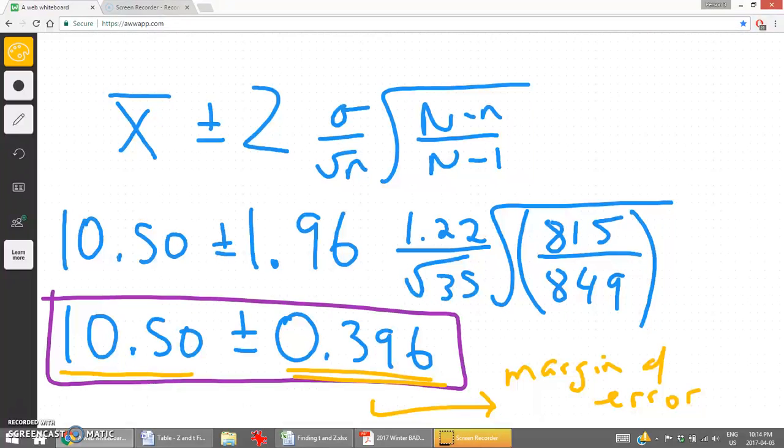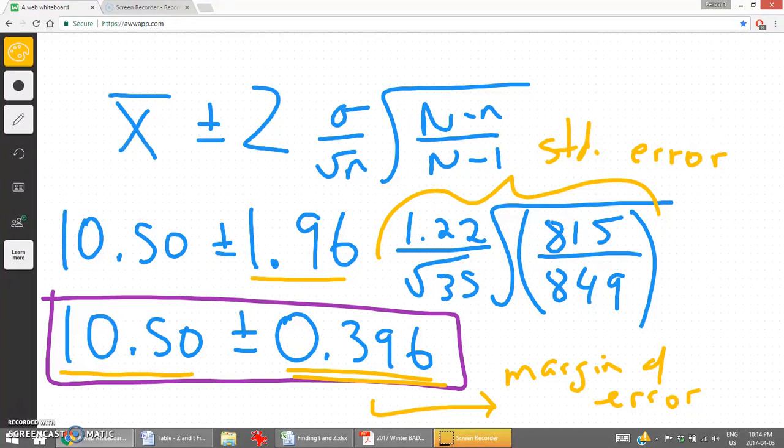The margin of error, if we go backwards, is based on a Z value, and all of this here is our standard error. So our confidence interval of 10.5 plus or minus 0.396, that is a 95% confidence interval.